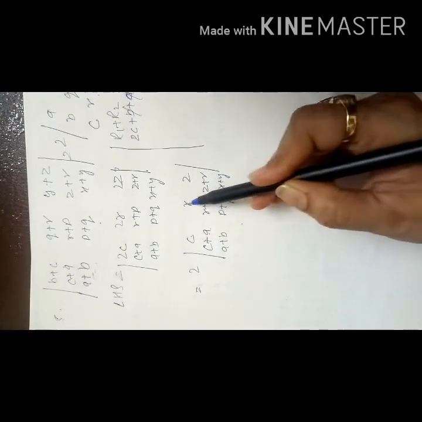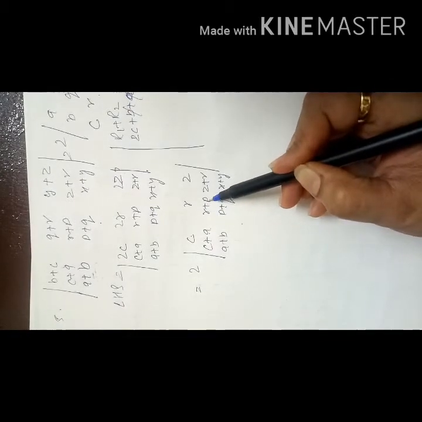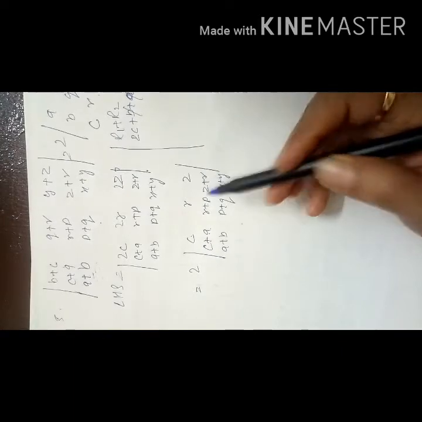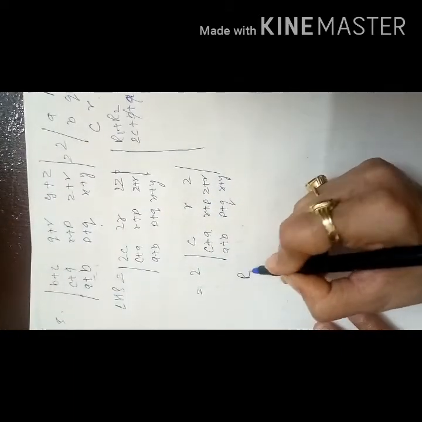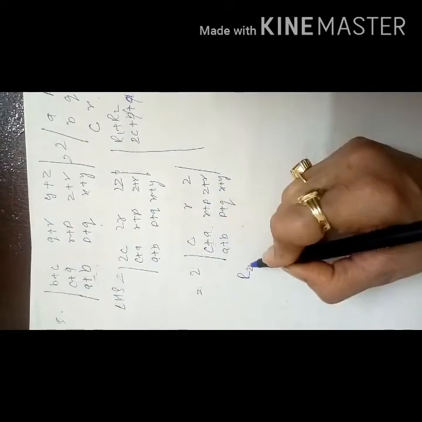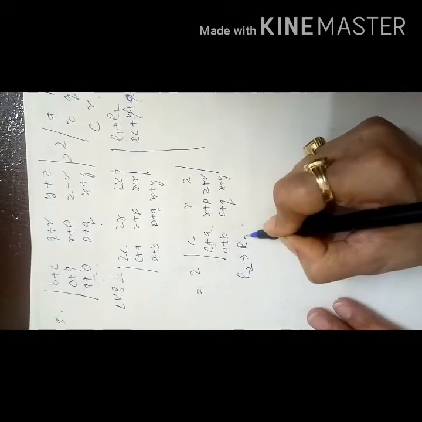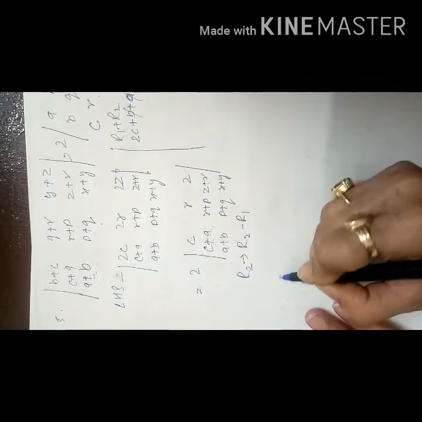Here R will be cancelled out, only P is left. Here Z will be cancelled out, only R is left. We are doing this operation in R2, applying this formula in R2: R2 minus R1.